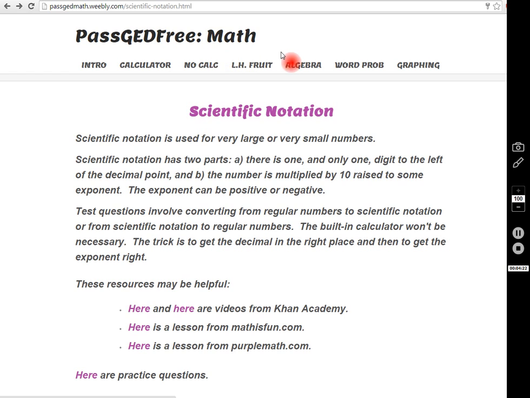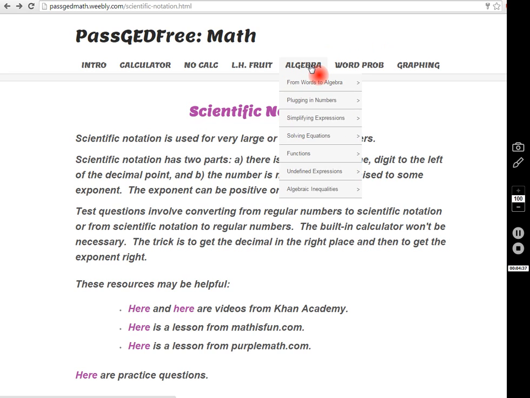Now you can get another 35 points just by answering 40%, no more, of the test's algebra questions. And the other 3 sections of the website, algebra, word problems, and graphing, show you how. Algebra shows you how to simplify expressions and how to solve equations and inequalities.